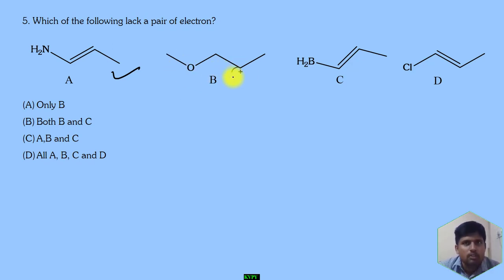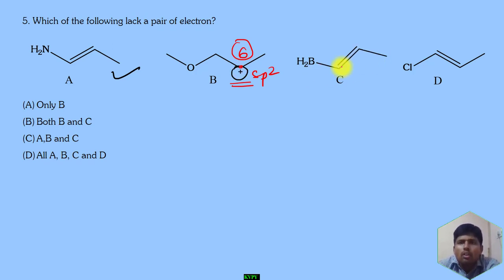Here you see there is a positive charge. What is the meaning of positive charge? Positive charge means it has only 6 electrons here and it is sp2 hybrid. So this lacks electron. So this is a molecule which lacks a pair of electrons.